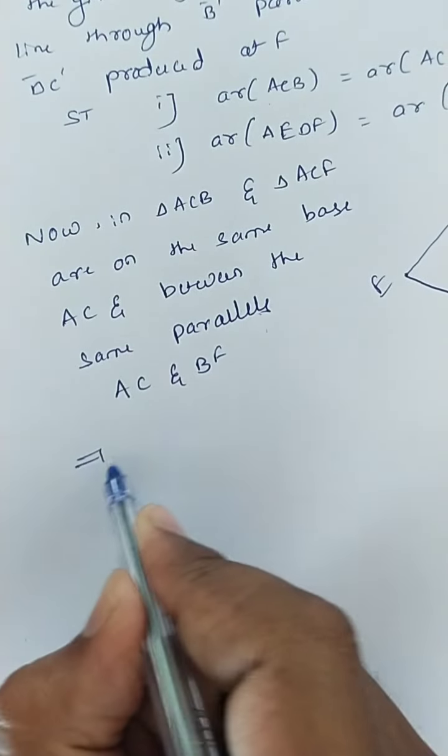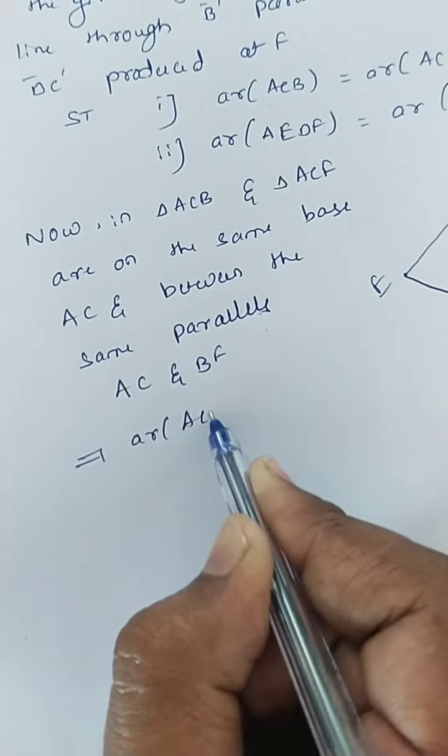So we have the area of triangle ACB is equal to the area of triangle ACF by theorem 3.